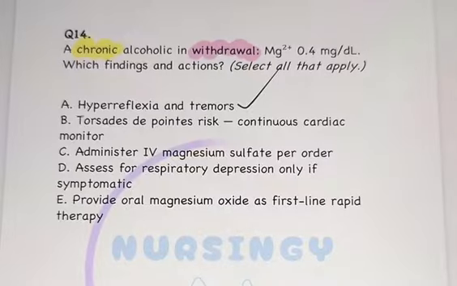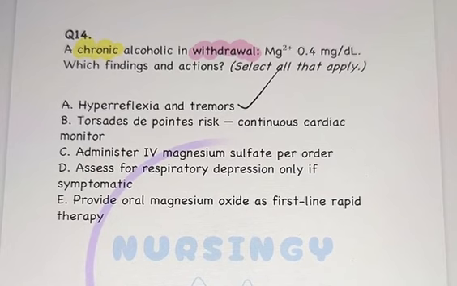Hyperreflexia, tremor, muscle twitching, increased deep tendon reflexes, definitely we will see that, because magnesium deficit causes increased neuromuscular excitability.